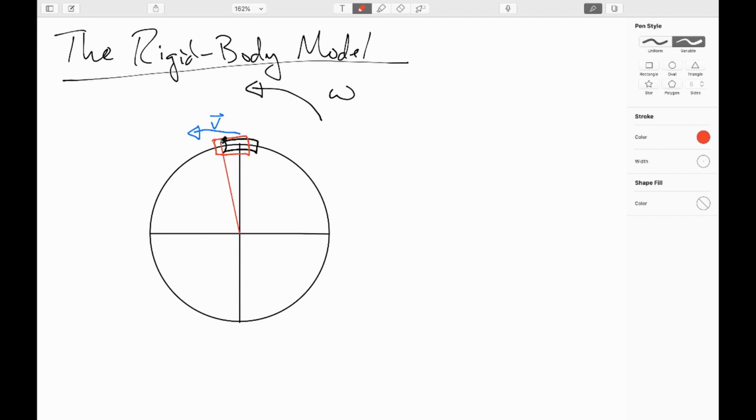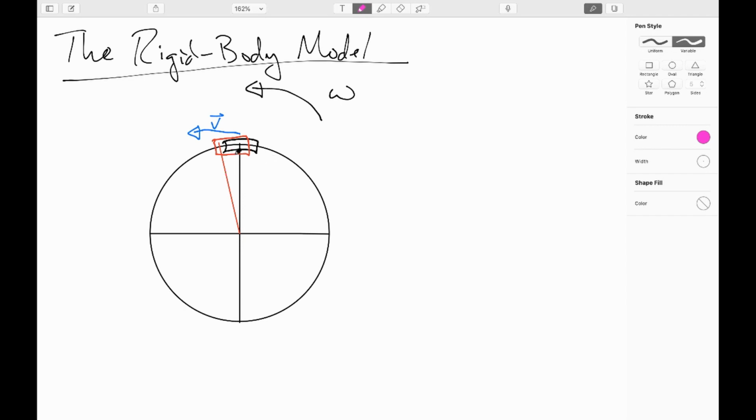There we go. And our spoke has gotten just the tiniest bit longer. So that means that since the spoke is stretched, it's going to want to return back to its original shape. And in so doing, that spoke is exerting a force due to tension.